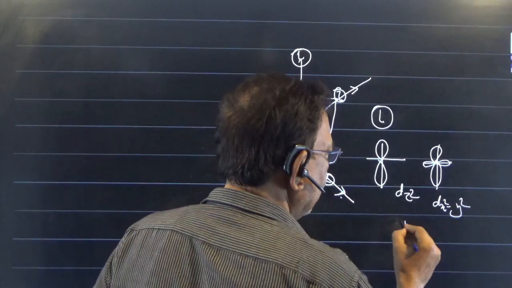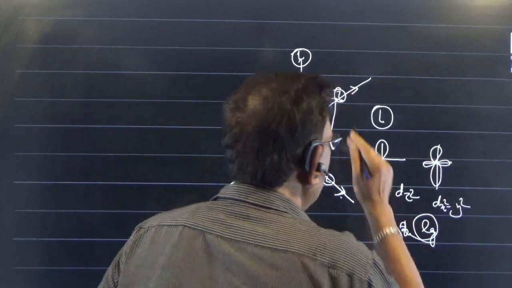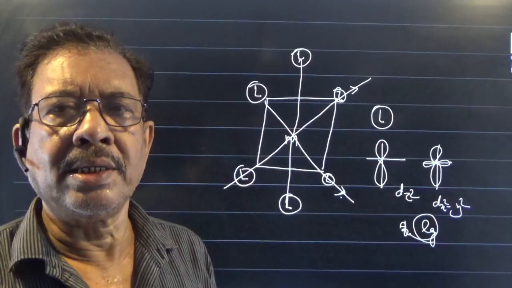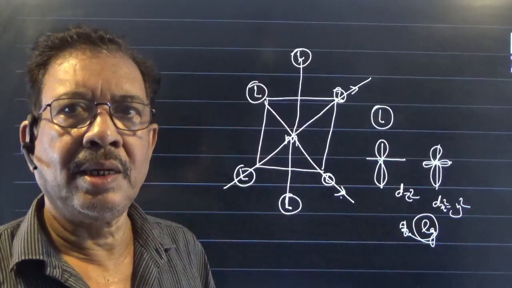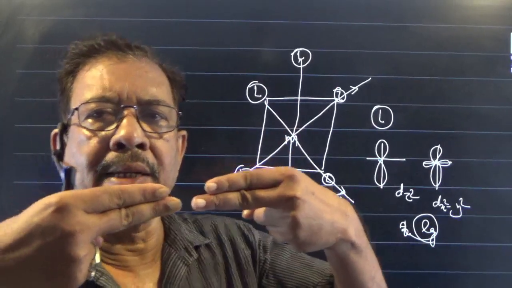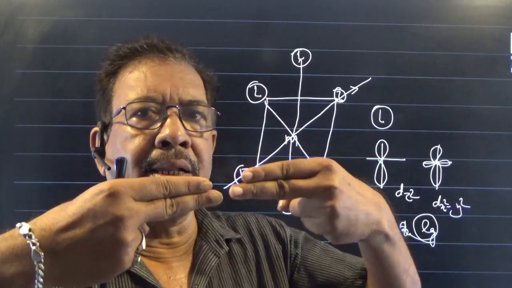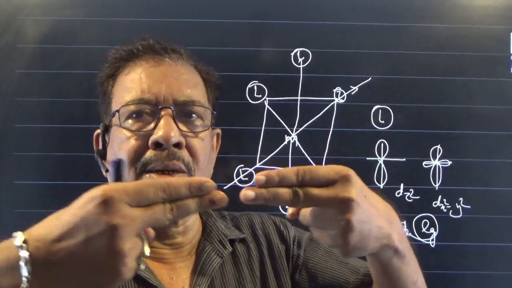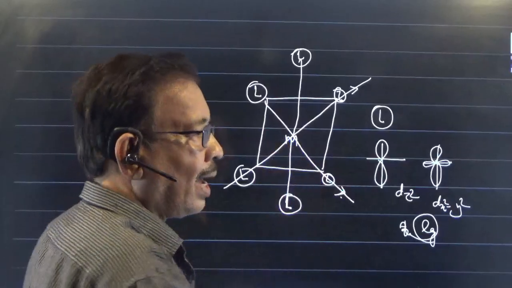This is called EG set. Whenever ligand approaches, repulsion is maximum for the EG set, because the ligand and the metal show the maximum repulsive force compared to those which are not on the axis.